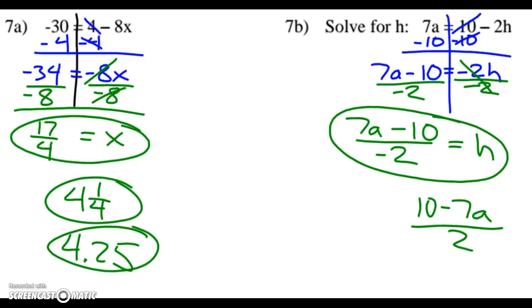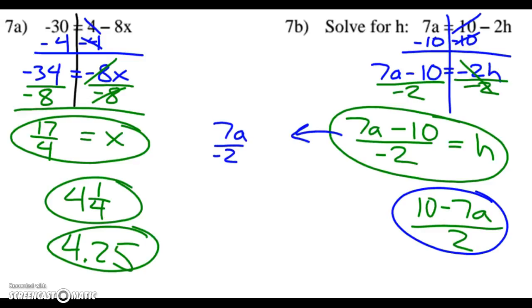Another thing you can do here with either of these answers is you could take each term divided by 2. So for instance, with this one, I could take 7a over negative 2, and then I could also divide my second part, negative 10 divided by negative 2, which is a positive 5 or a plus 5. That's another possible answer.